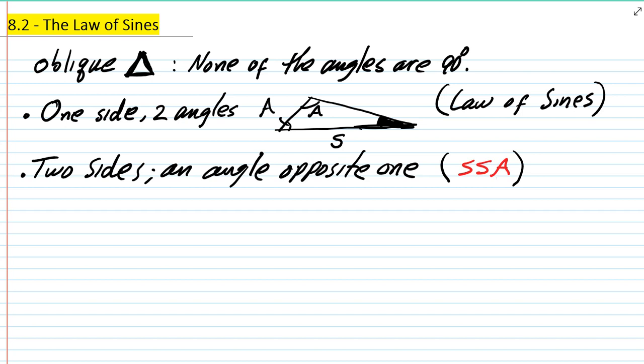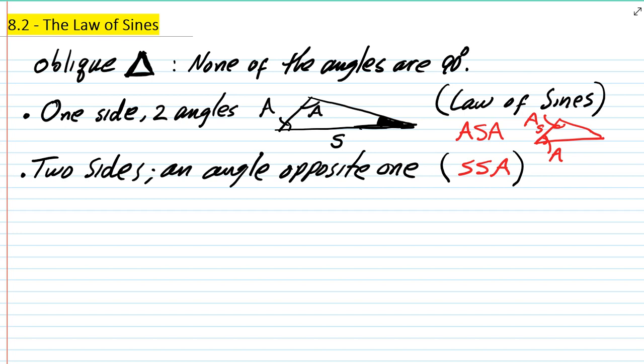The one above, where we have one side and any two angles, in shorthand notation is angle, side, angle. So I have two angles and the side is included. For example, you have angle, angle, and this is the side between them.